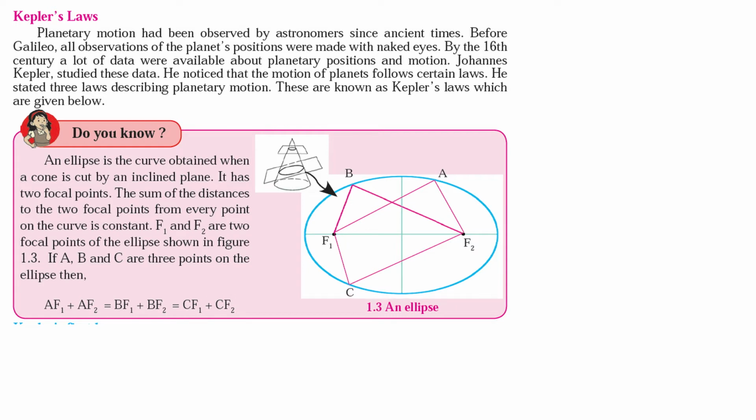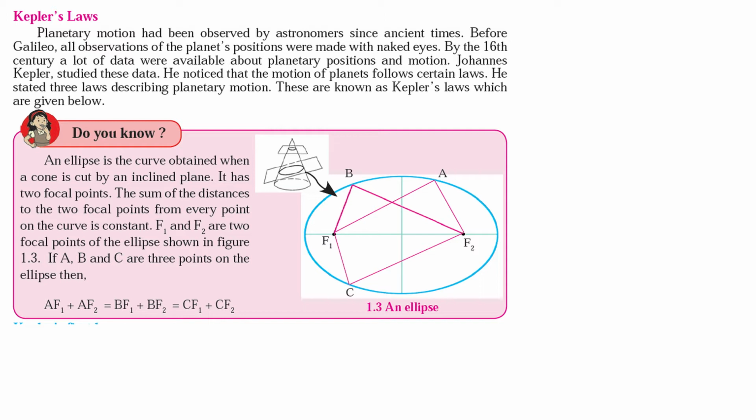Now, students, let's turn to Kepler's laws. Planetary motion was observed by astronomers in the past, and we know this since ancient times. Before Galileo, all the observations of the planets were done with naked eyes.